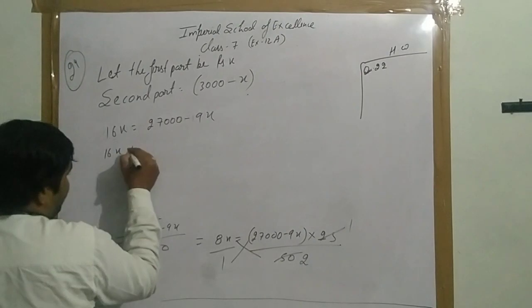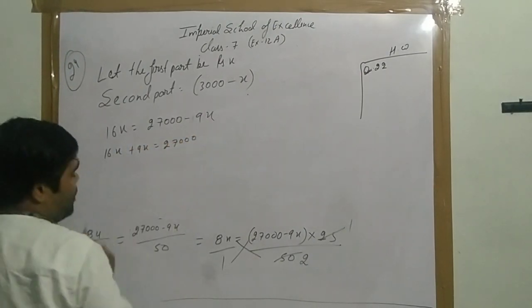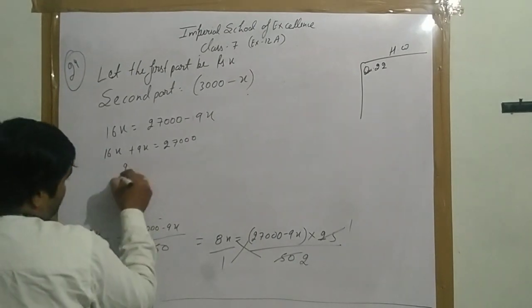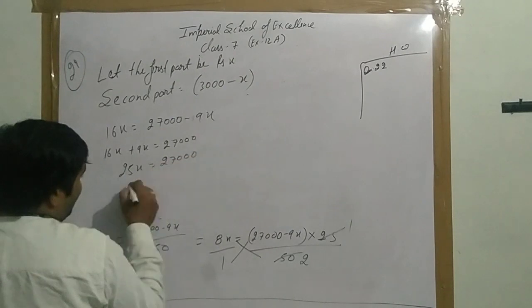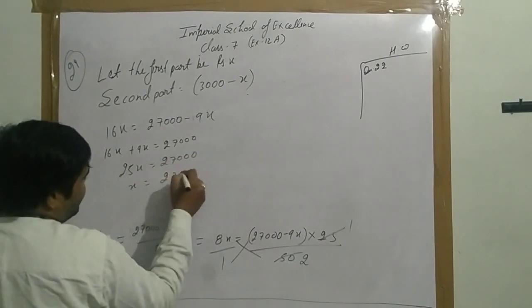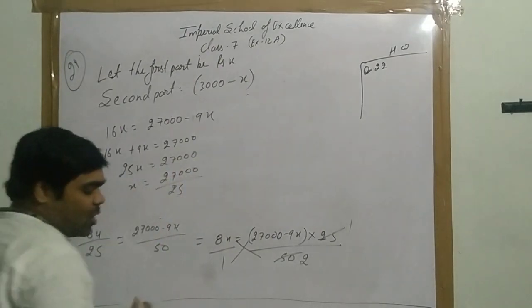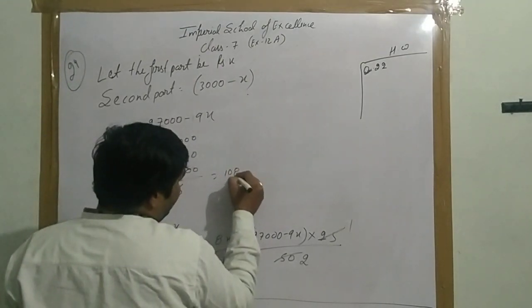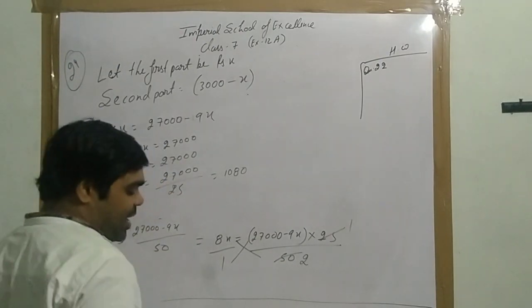Now 16x plus 9x equals 27,000. When you add 16, it will be 25x equals 27,000. After that x equals 27,000 upon 25. When you solve this and cancel out, your answer will be 1080.